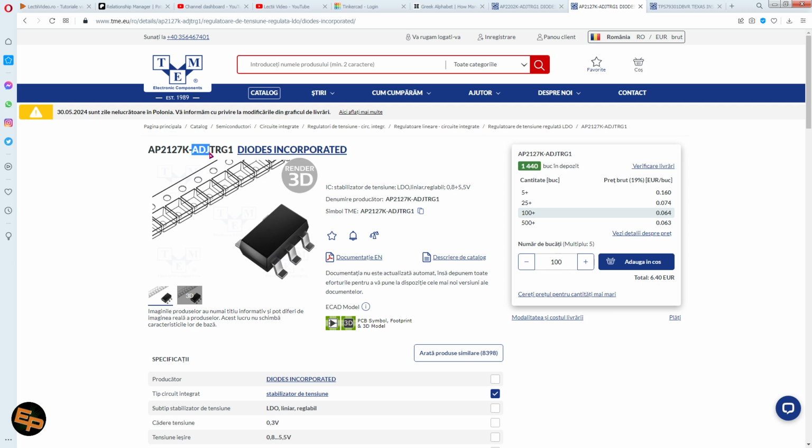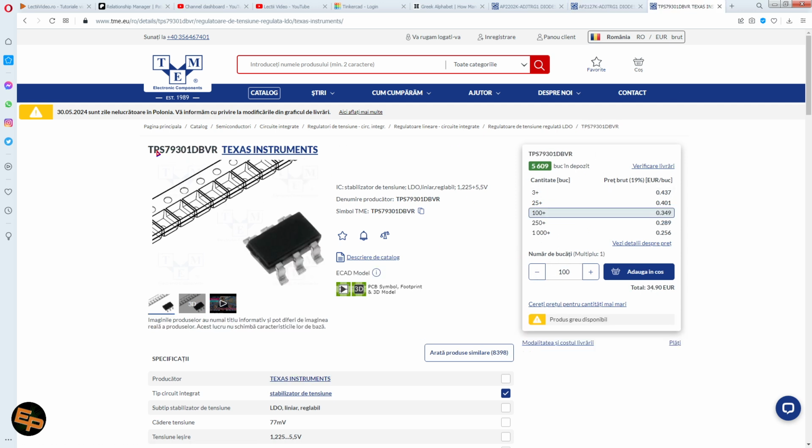Again, I chose the adjustable version because they have multiple fixed voltage versions. This is even cheaper, it's just 6 cents per piece at 100 pieces bought, and more than 1,400 pieces in stock. So it shouldn't be a problem acquiring this.